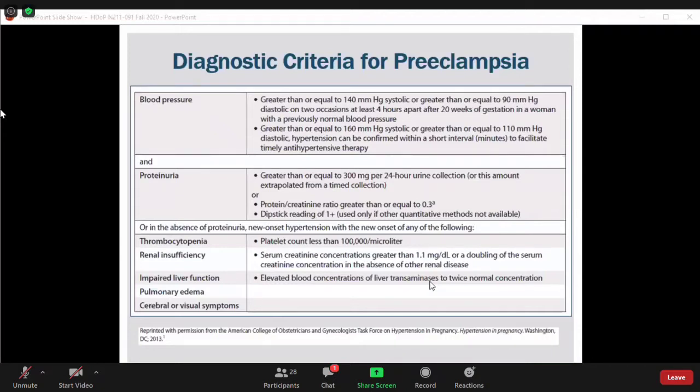Basically, the numbers that we used to use, that you will still see somewhat in use: mild preeclampsia, 140/90, severe preeclampsia, 160/110. So mild 140/90, severe 160/110.